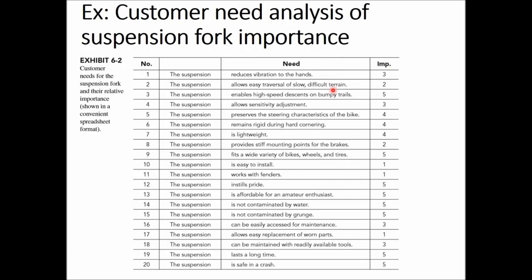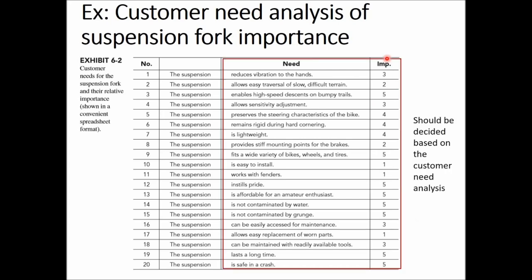And this is another example. This is a set of customer needs for a suspension fork. This example is in the textbook that I gave you, and these are the needs that are listed after customer need analysis, along with the relative importance of the different needs.